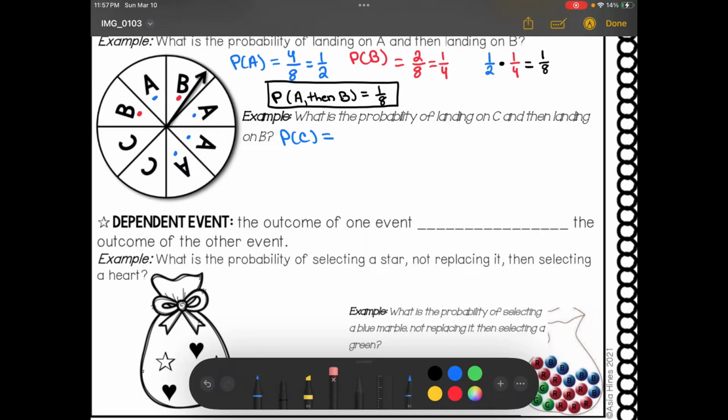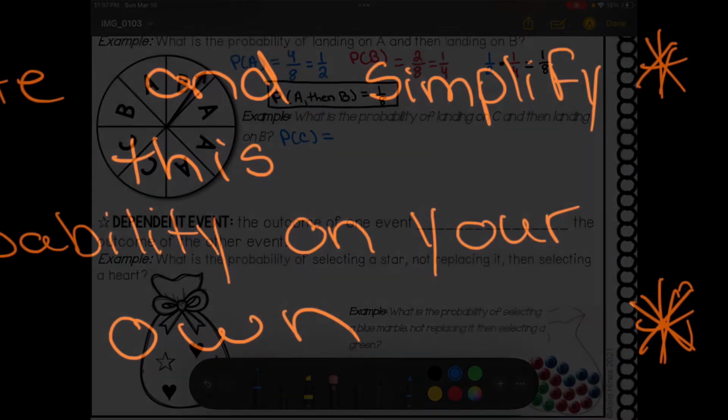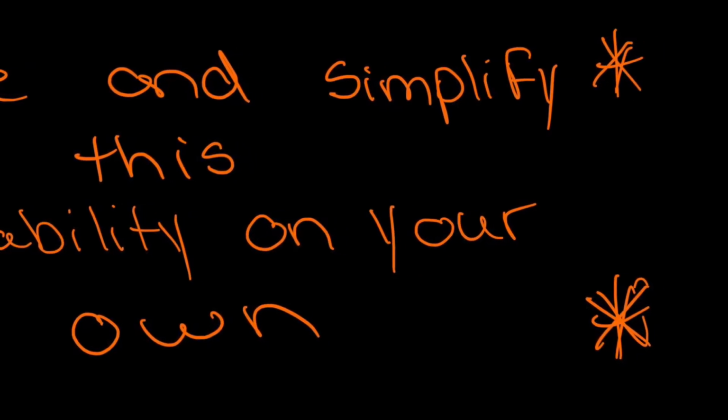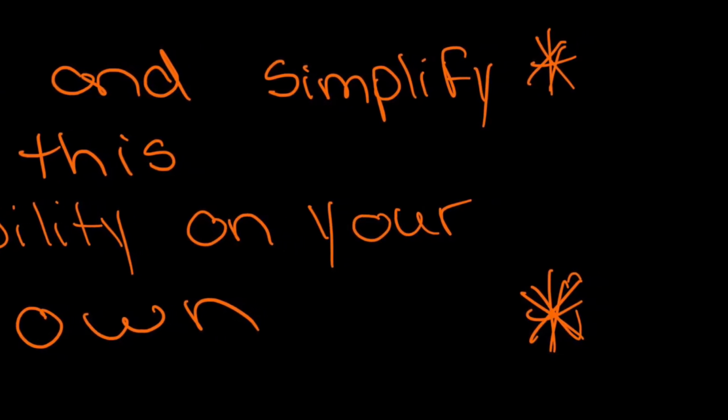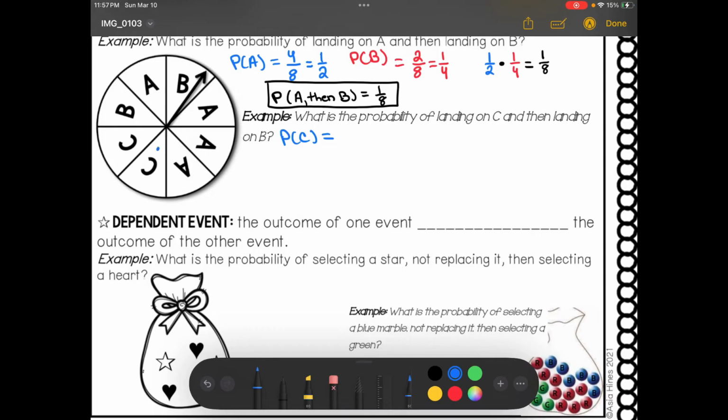I'm going to erase my old ones from the first one. So how many C's are on the spinner? One, two. So that's 2 out of 8. And if we simplify, that's 1/4.